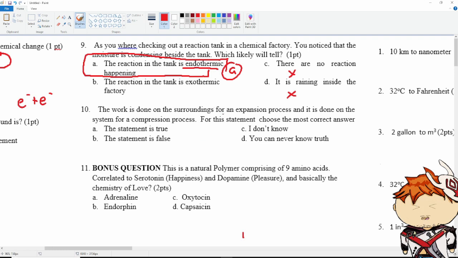Let's say a piston expands or moves. The piston is pushing something. It's giving work.